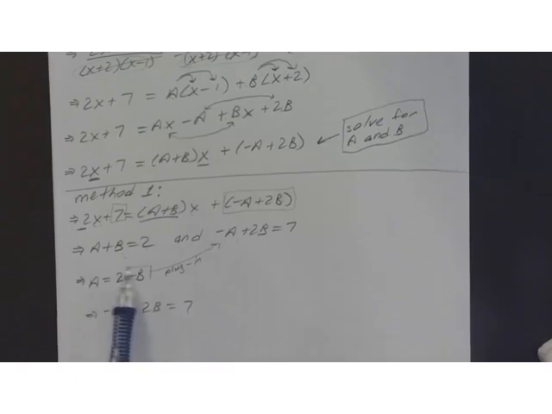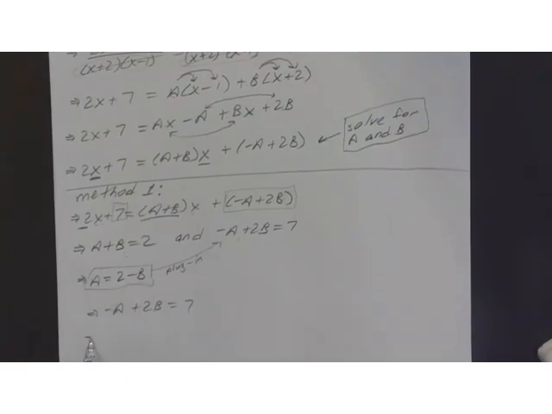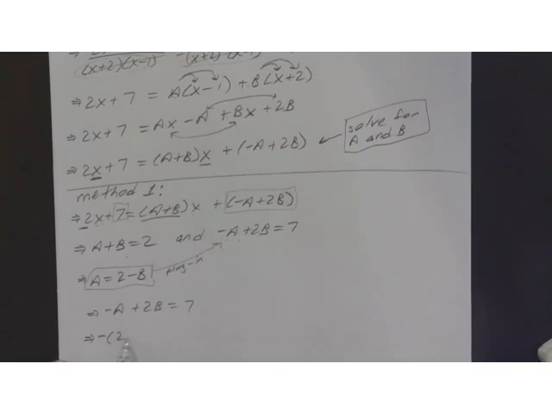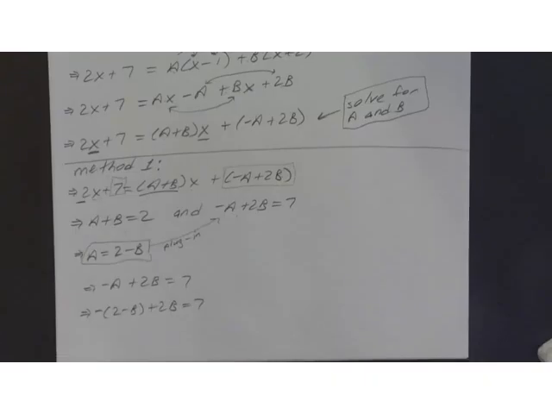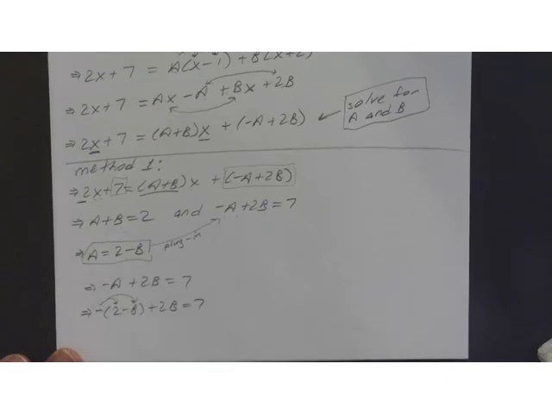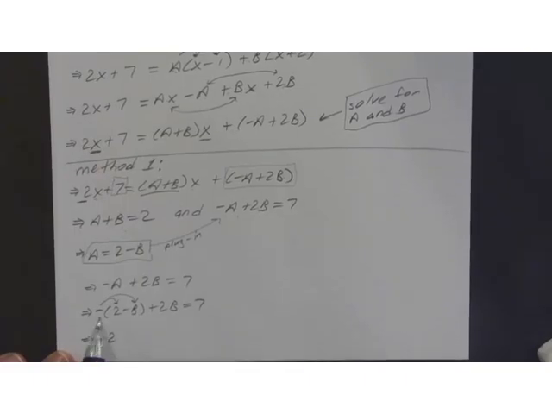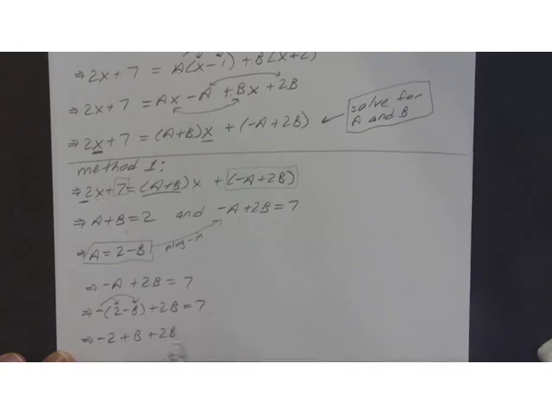We're going to replace that a with 2 minus b. So that's negative (2 minus b) plus 2b is equal to 7. So again, we want to get rid of those pesky parentheses. So we distribute that negative 1. So we have negative 2, negative 1 times negative b is positive b, plus 2b equals 7.